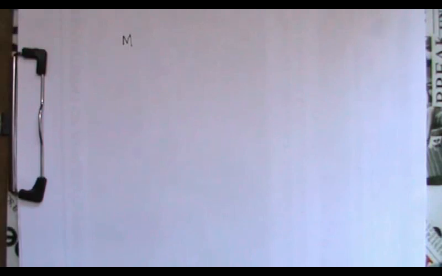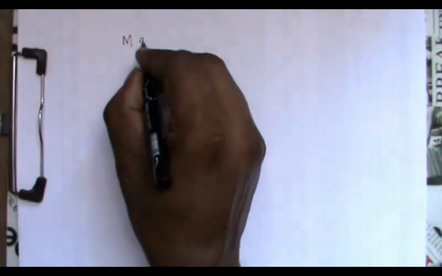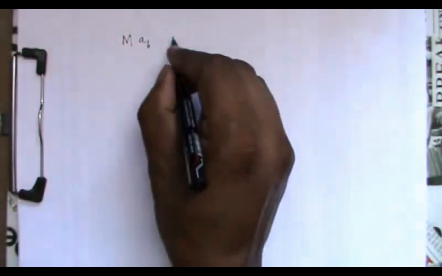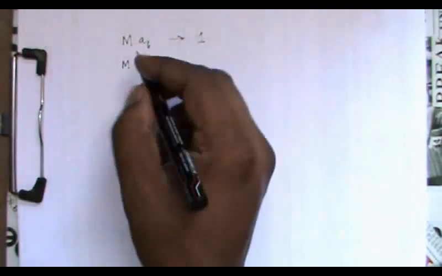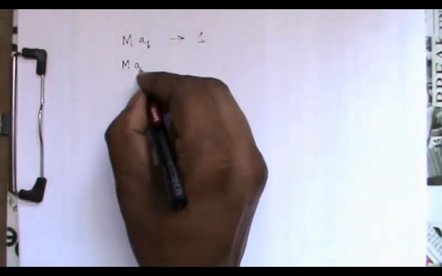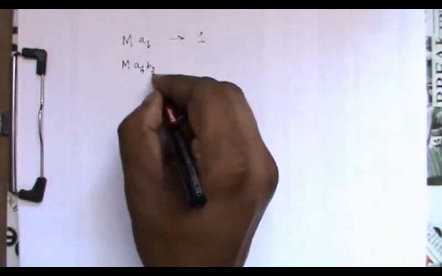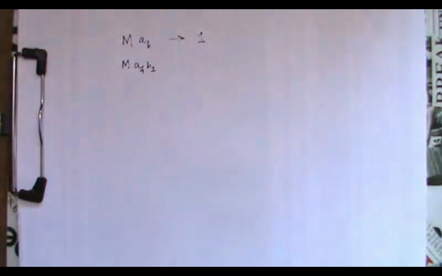You may be very familiar with some common complexes. Let us consider metal and A6. All the ligands are same. In that case, there is only one possibility and it will be optically inactive. Let us consider another complex like this, A4 and B2. 4 ligands are same and another 2 ligands are same.